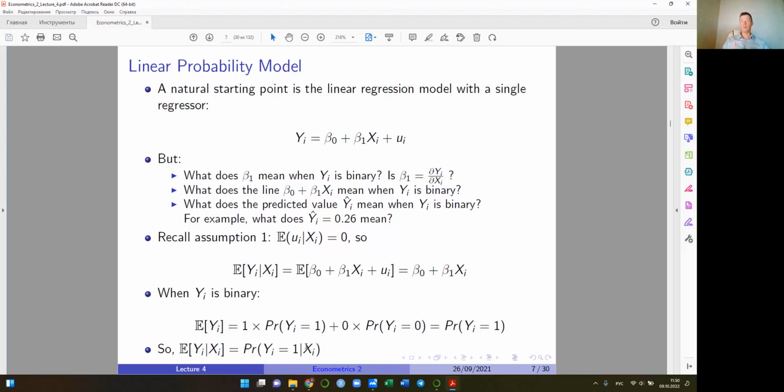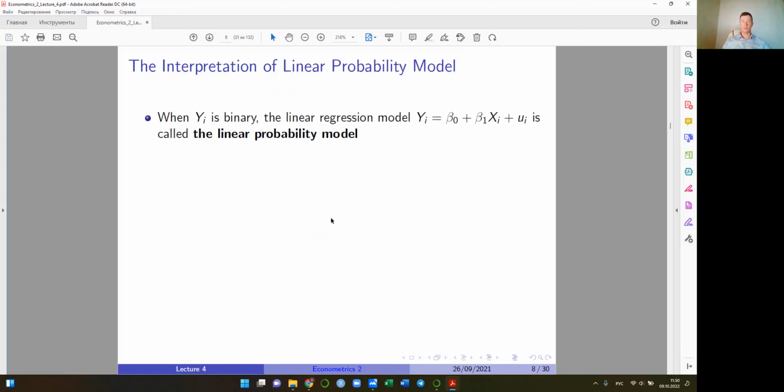So if I know x, what is the probability that y equals 1? This is exactly the expected value of y when y is a binary variable. And this answers most of the following questions.